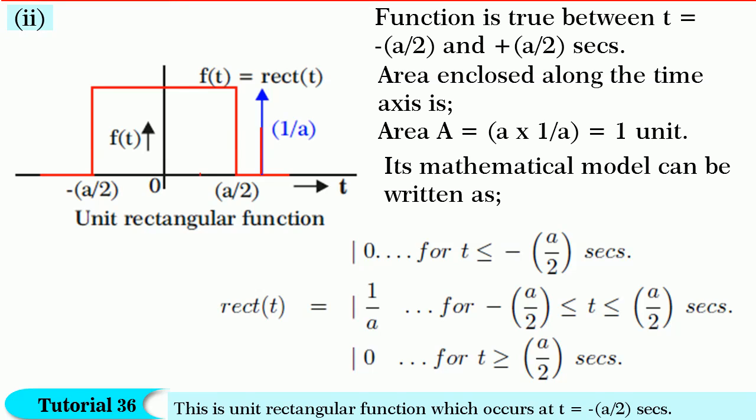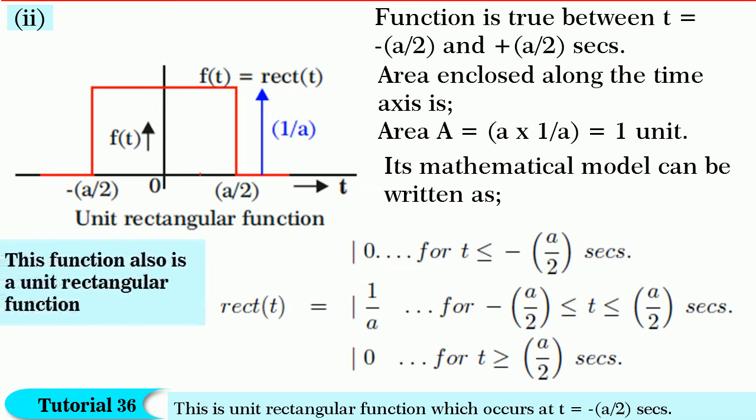It has a pulse height of 1 by a units. It has a base of a units of time. Therefore, area enclosed along the time axis A is equal to a into 1 by a, which will give us 1 unit. So, this function also is a unit rectangular function.